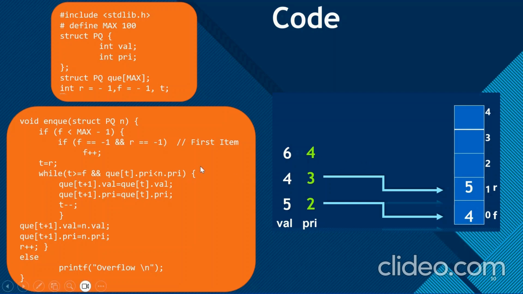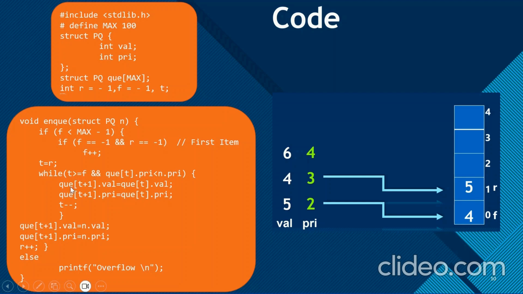So N.priority is 4 and Q[T].priority is 2, right? Because the priority of 5, which is currently the rearmost element, is 2. So 2 is less than 4. So what should happen?